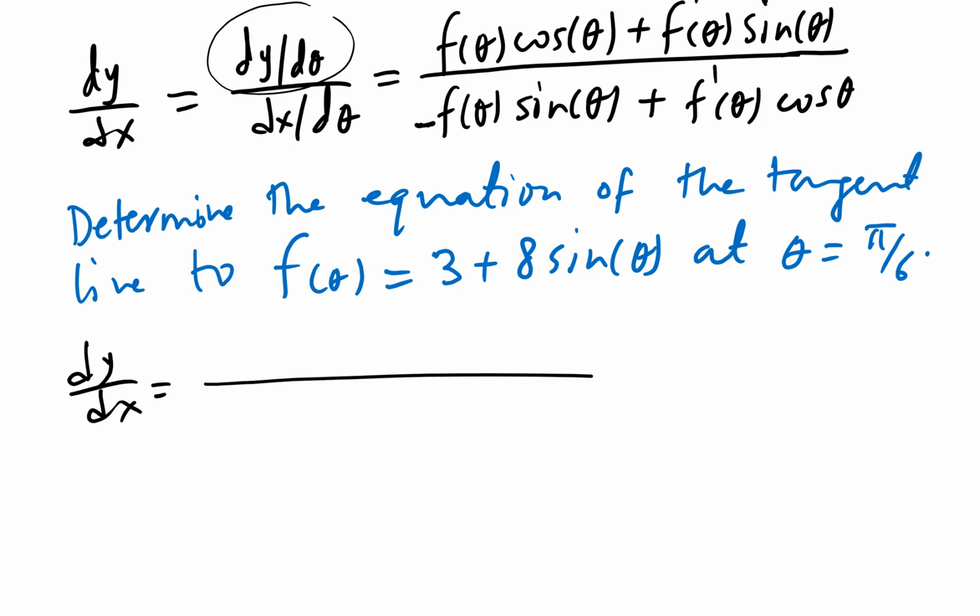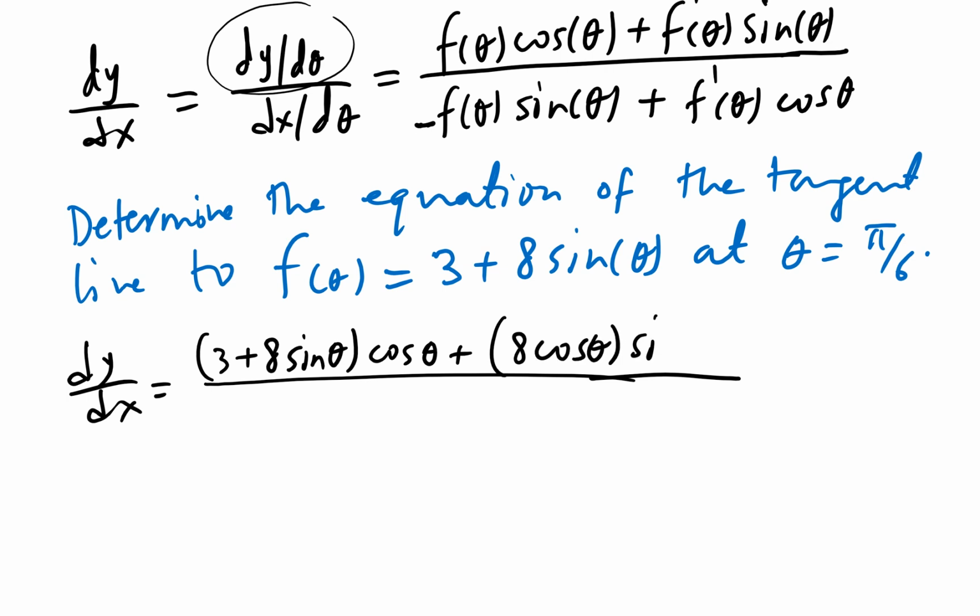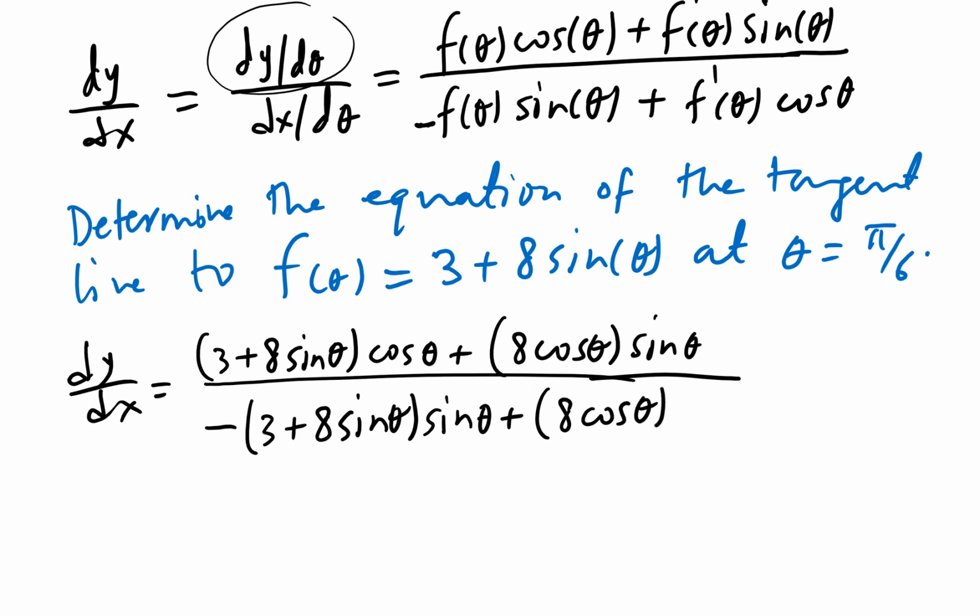We give you the formula. f of theta, which is 3 plus 8 sine theta, times cosine theta, plus f prime, which is 8 cosine theta, times sine theta, over negative the function itself times sine theta, plus the derivative, which is 8 cosine theta times cosine theta.